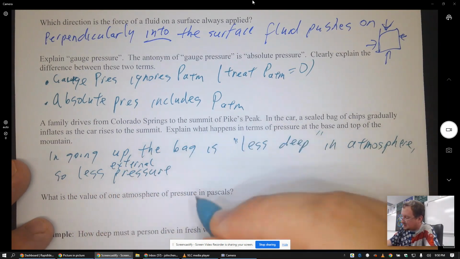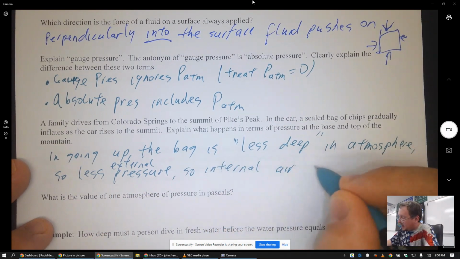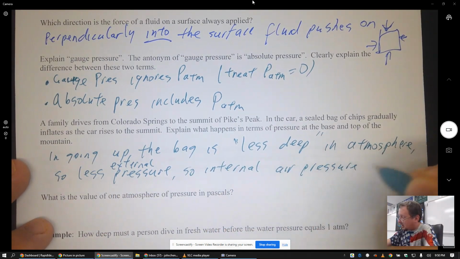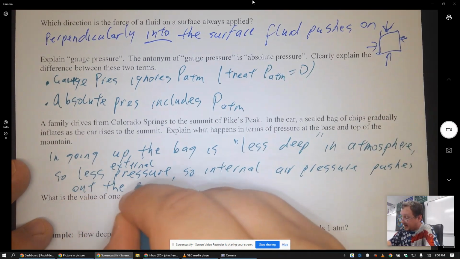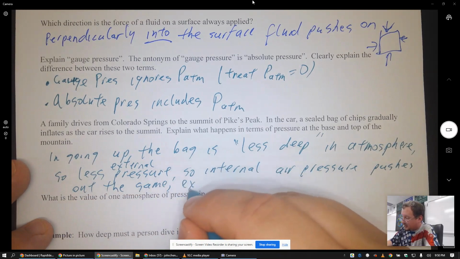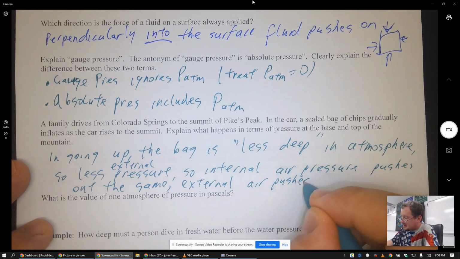So the internal air pressure pushes out the same, but the external air pushes in less.